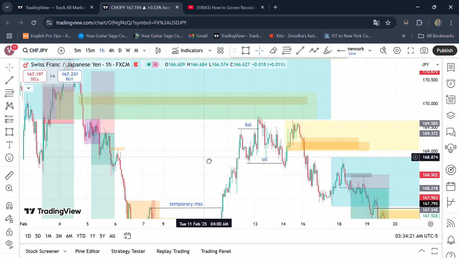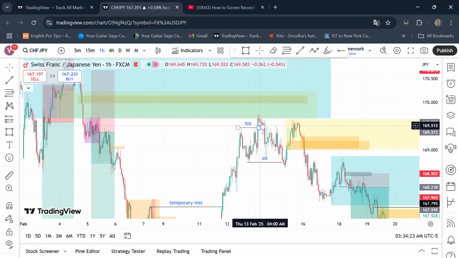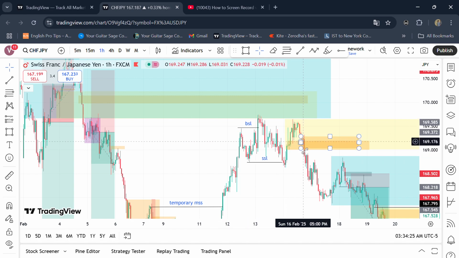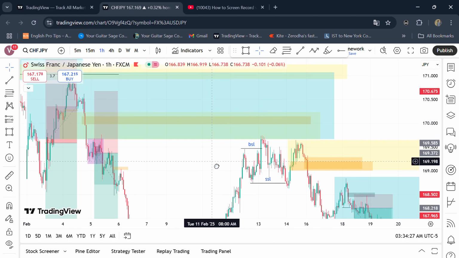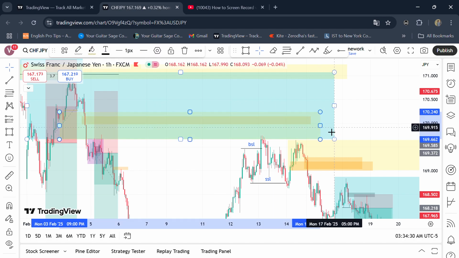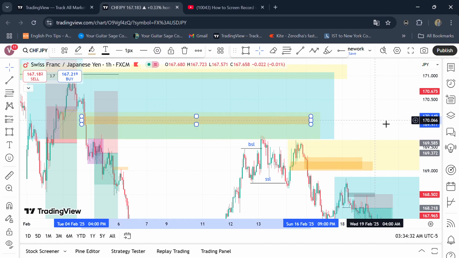Since the market created liquidity while making this breaker block, there was no need for it to go and take this 4-hour FVG and 1-hour FVG.